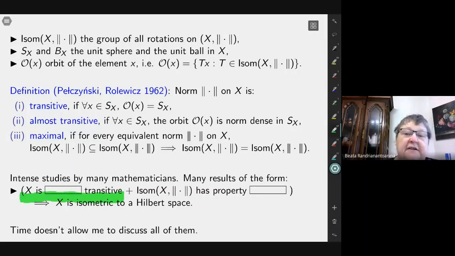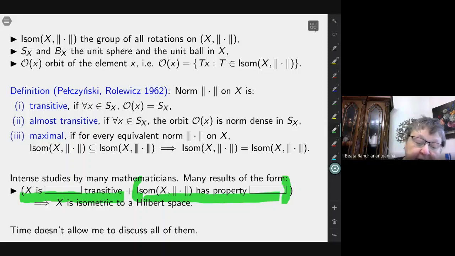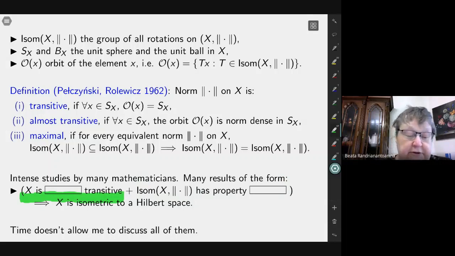They introduced other notions of transitive, which I don't have time to talk about now, but if it is in some sense transitive, and then unfortunately current results require this extra condition here, plus some property of the norm or of the isometry group, and then we conclude X is isometric. We would prefer to have a statement without any additions, but currently we don't have such statements.